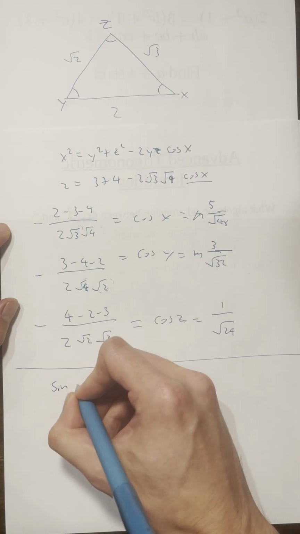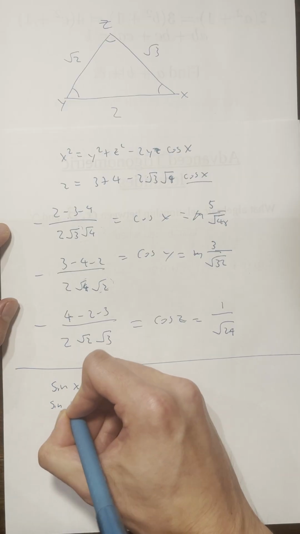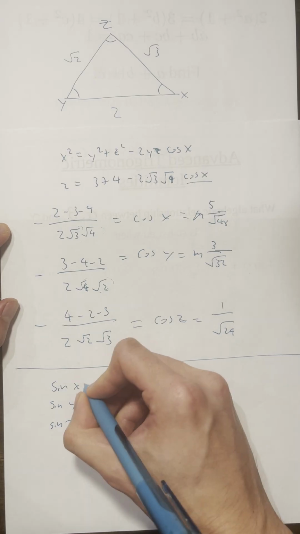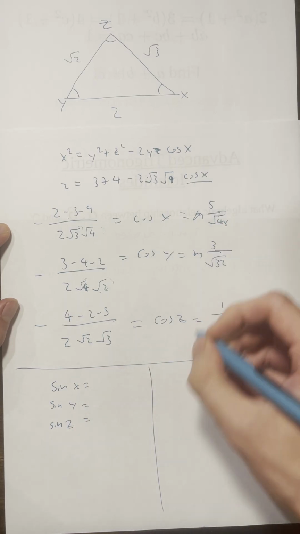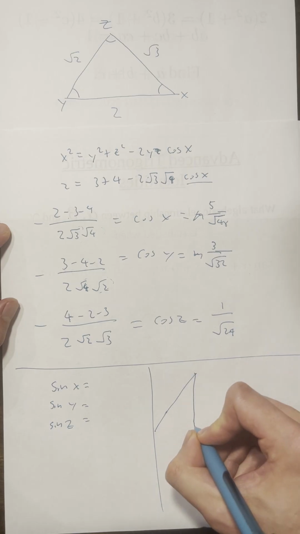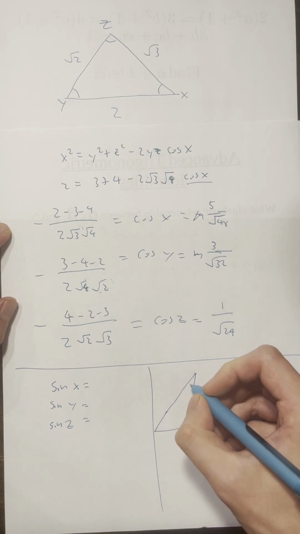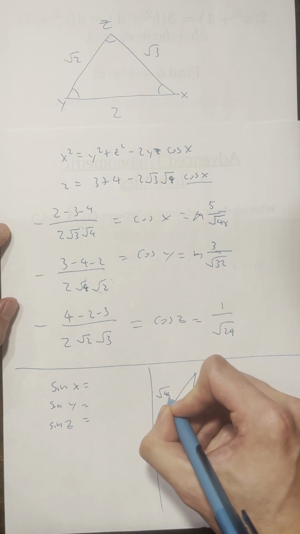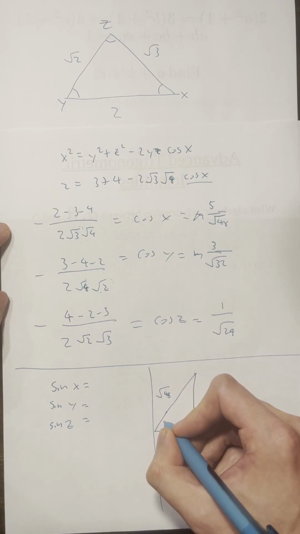So now we need sine x, sine y, sine z. Okay, so cosine x, let's draw the triangle. So cosine is adjacent over hypotenuse, so hypotenuse would be root 48, and then, let's see here.